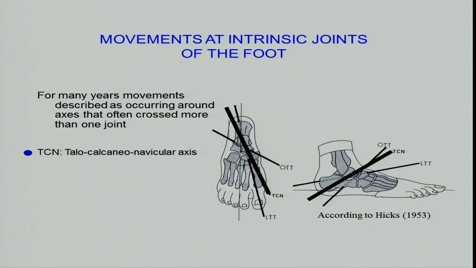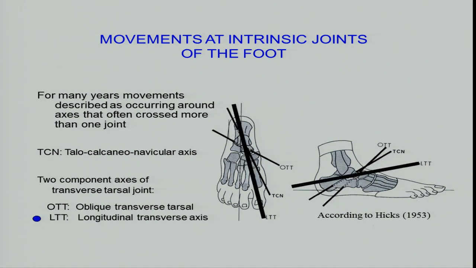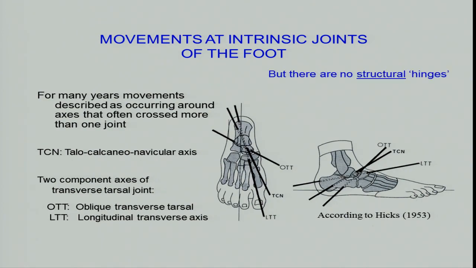Some joints were even given two axes. There was the talo-calcaneo-navicular axis, and then in the transverse mid-tarsal joint, there were oblique and longitudinal axes described. But in fact, there are no structural hinges present in the foot. You can't see them.